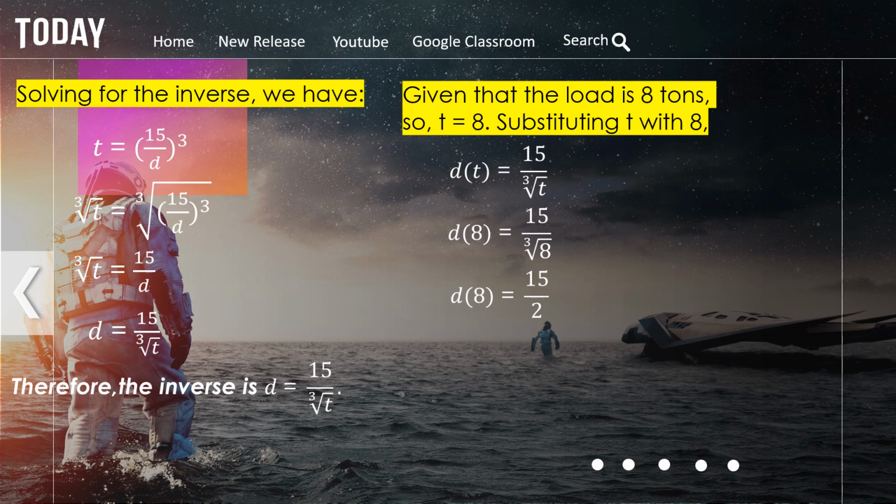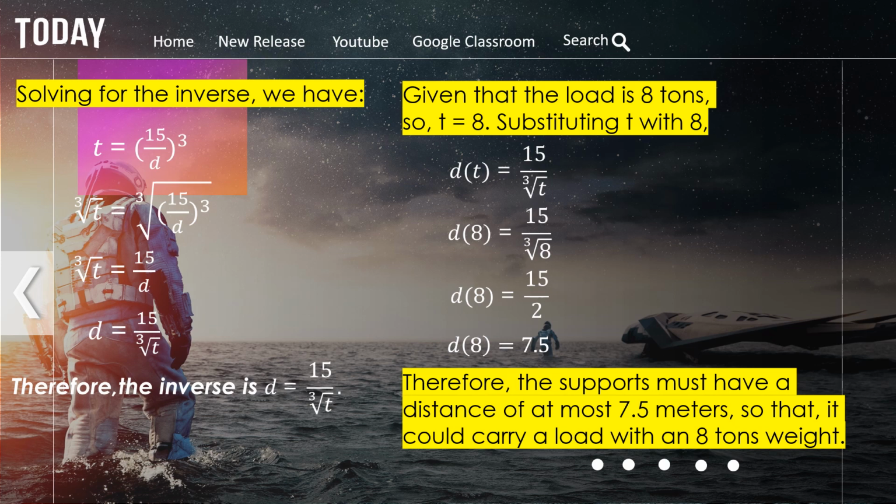And this would become 15 over 2. So therefore, D of 8 is equal to 7.5. Therefore, by the value 7.5, the supports must have a distance of at most 7.5 meters, so that it would carry a load of 8 tons.